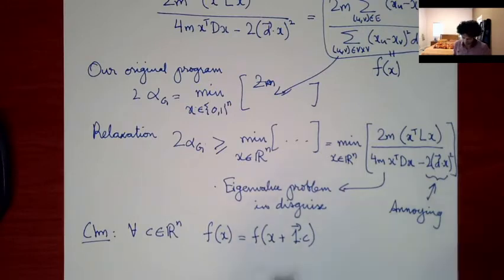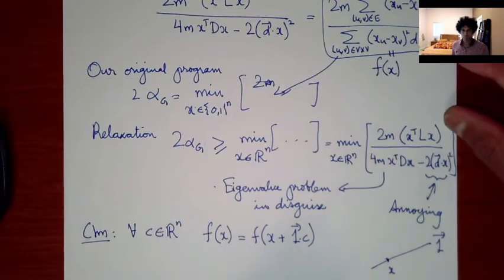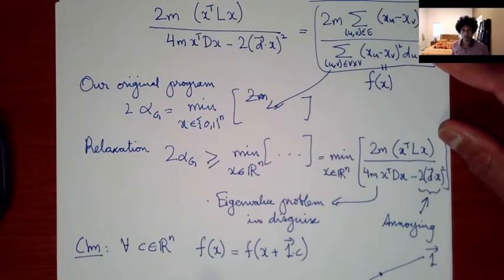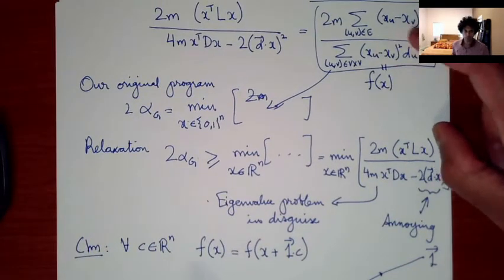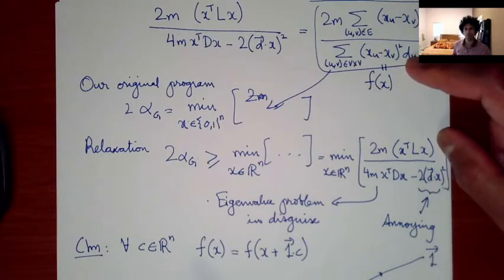Meaning that if I think of x as a vector, and this is the all ones direction, and I move x along the all ones direction, the value does not change. That's because this function only depends on the differences of values, and the differences won't change.